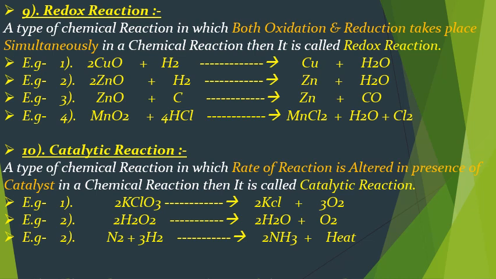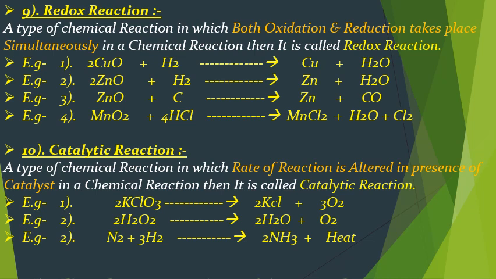So in this reaction there is a reduction of copper and oxidation of hydrogen, so this type of reaction is referred to as a redox reaction. Second, zinc oxide similarly with hydrogen gives zinc plus H2O. Third is zinc oxide plus carbon forming zinc plus carbon monoxide.